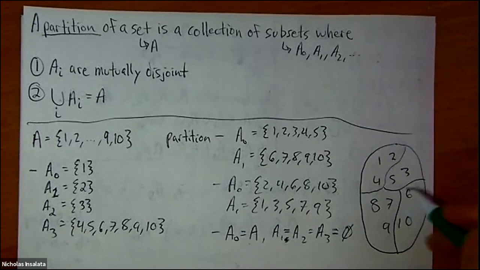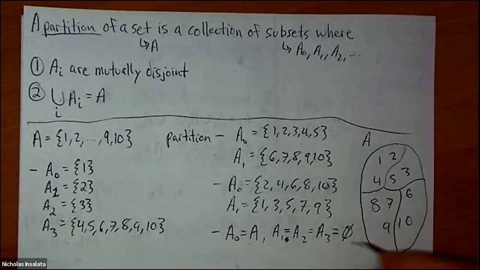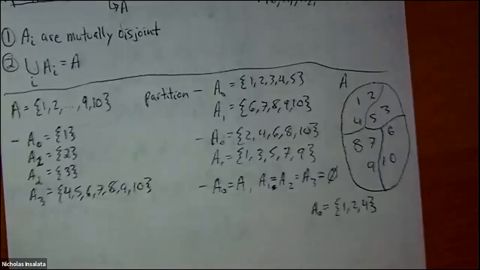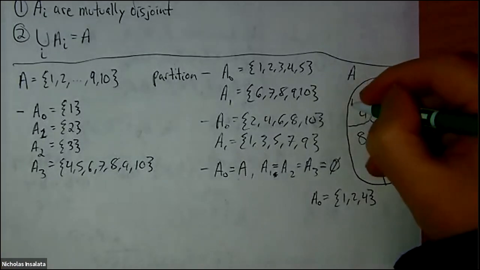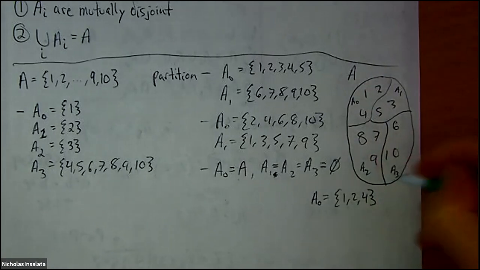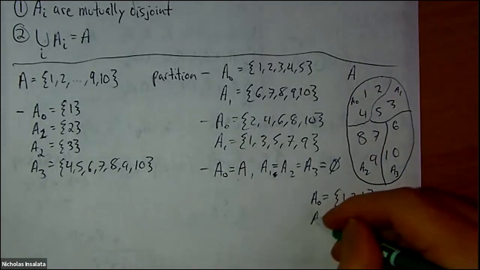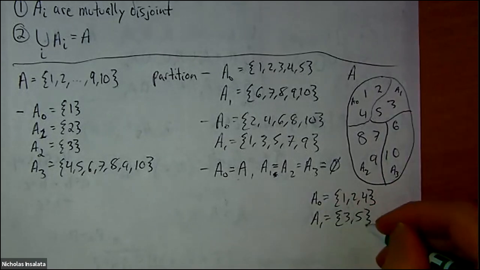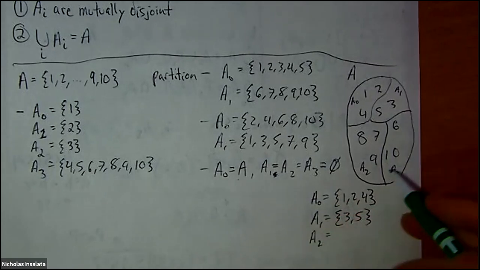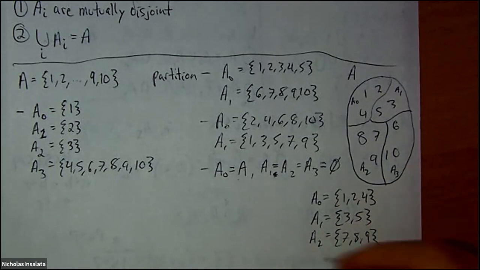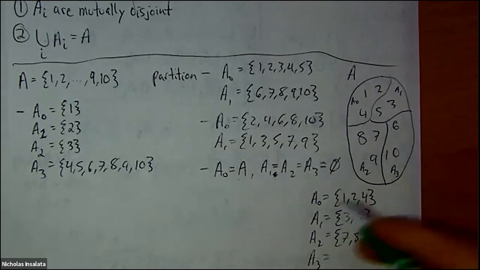This partition of A would correspond to A0 is 1, 2, 4. The numbers don't have to be in order. You can put them in order, but you don't have to. So here's A0, A1, A2, and A3. A1 would be 3 and 5. A2 would be 7, 8, 9. And A3 would be 6 and 10.